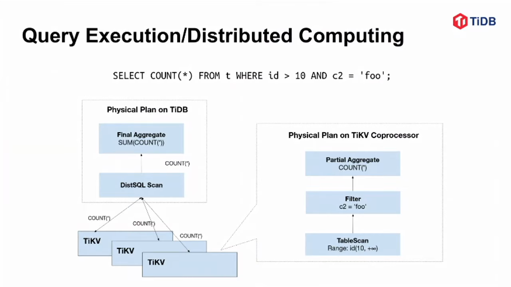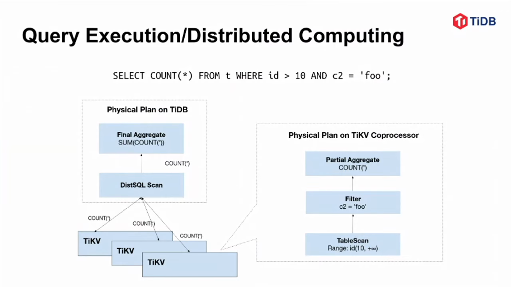So if you have a query like a count star from a table with maybe a where condition, what we can do is to actually push the count star to all the individual TiKV machines, including the filtering. So the TiKV machines can filter the right rows, get the count star for each region.